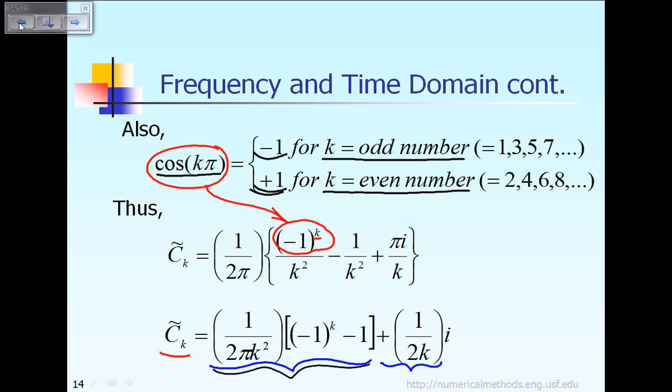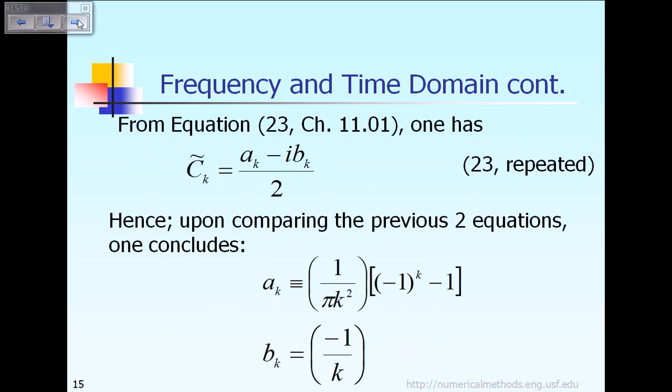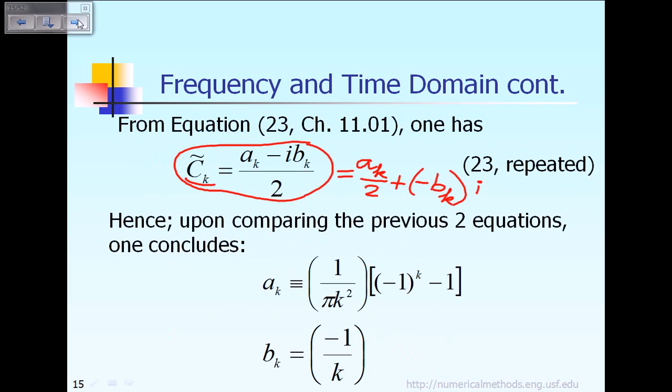If we equate this real part of c tilde k with this real part of c tilde k, then we can find the expression for a sub k, and that expression is given right here in this equation for a sub k.